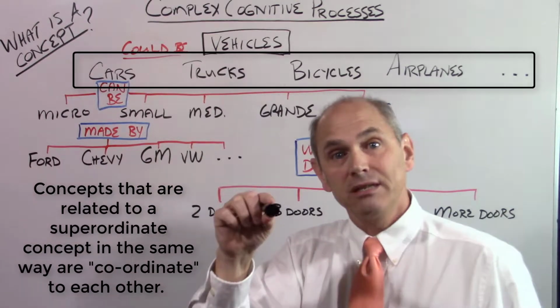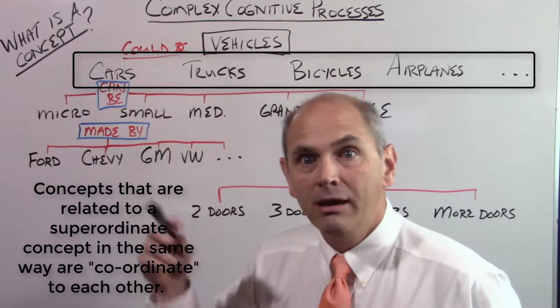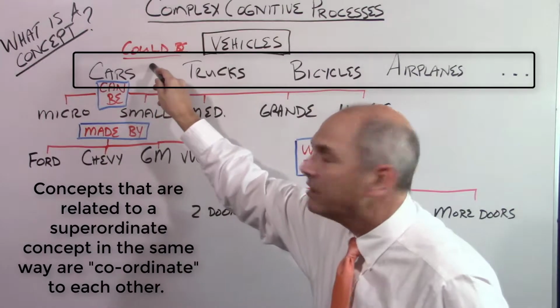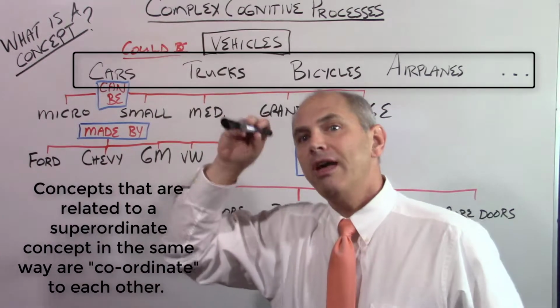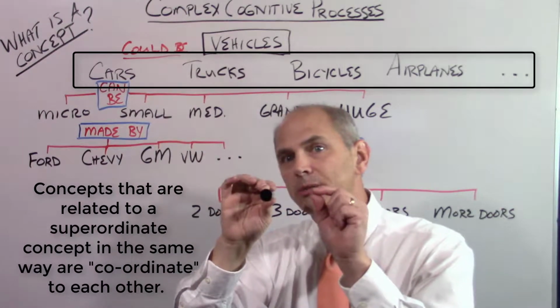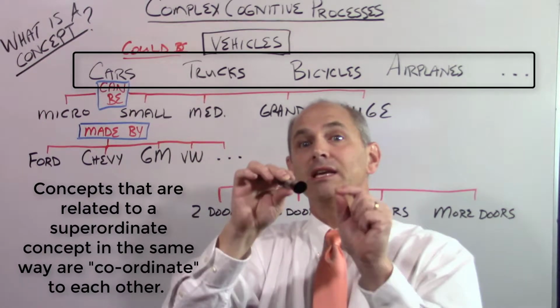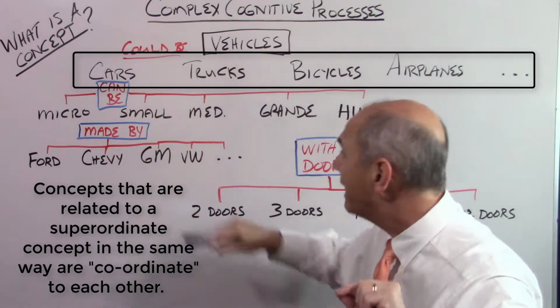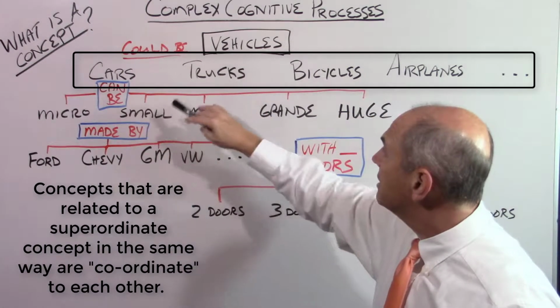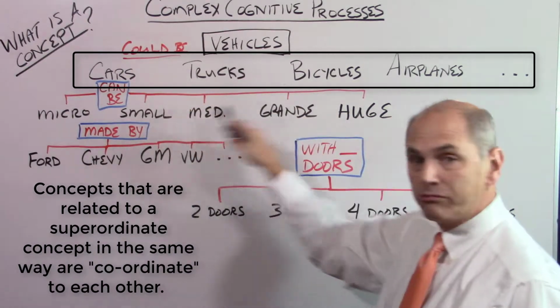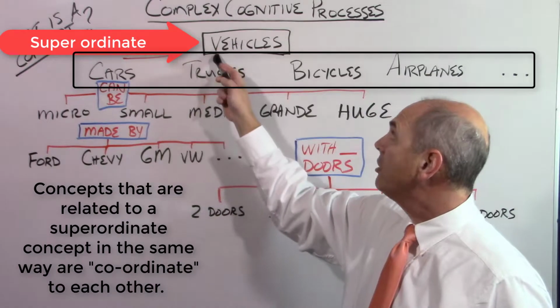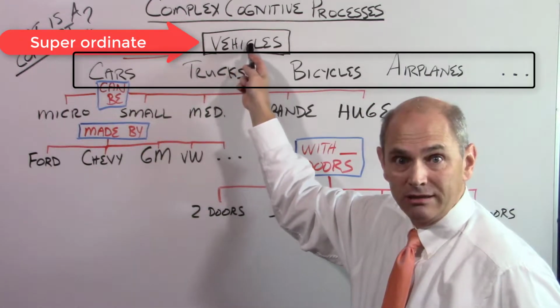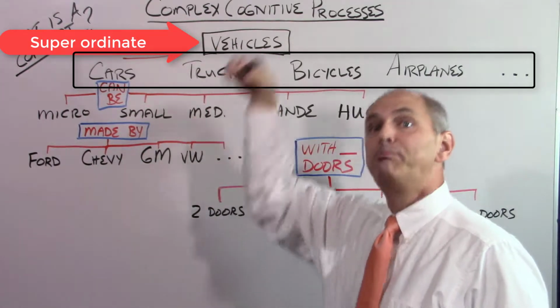Now, what makes them coordinate? It's this little statement right here. It is that they have the same relationship to the thing that is just above them. So the word for that, the thing that is just above any of these rows, is called superordinate. It's ordered above.